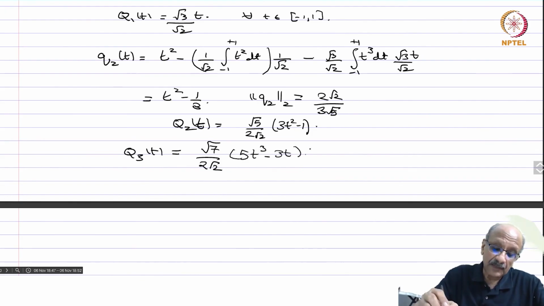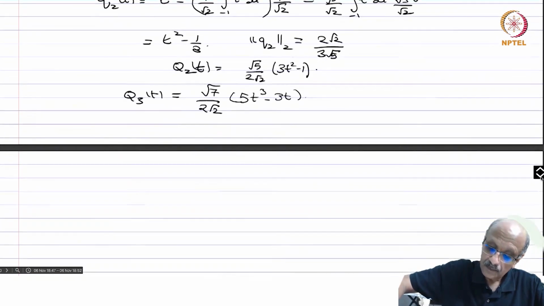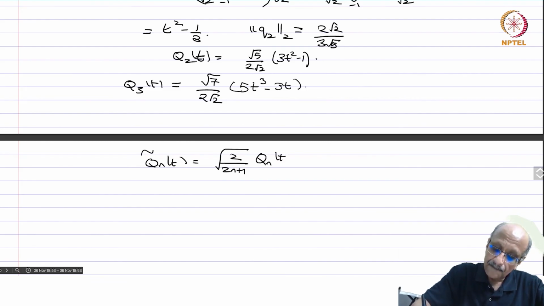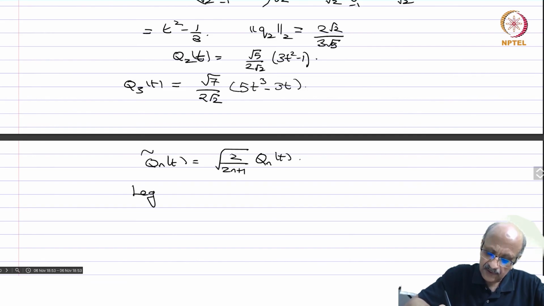Here you notice something. The even polynomials which you get involve only the even powers of t, and the odd polynomials involve only the odd powers of t. That is just because of the space [-1, 1] and the inner product which we have here. Now a remark: if you have q tilde n of t equal to root of (2 by (2n plus 1)) times qn of t, these are nothing but the famous Legendre polynomials.